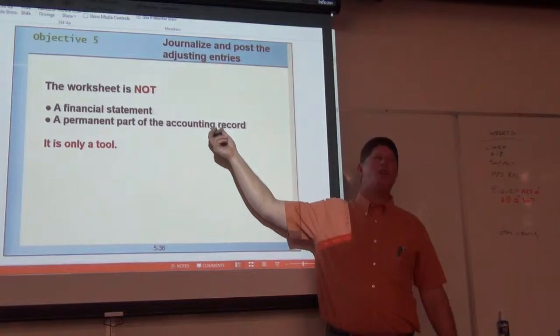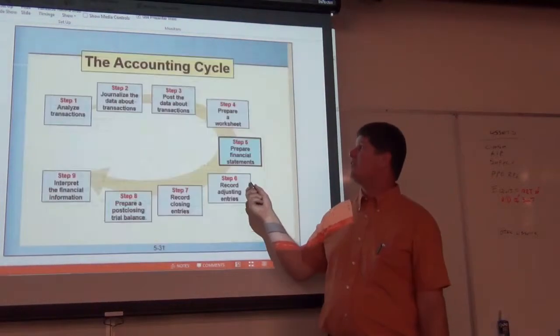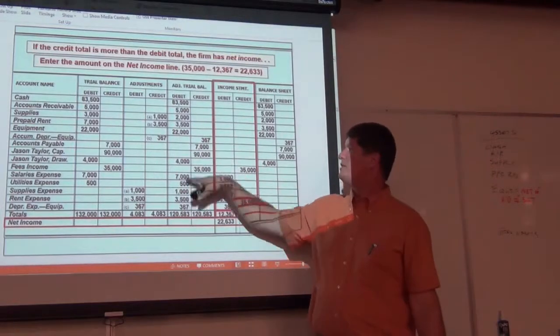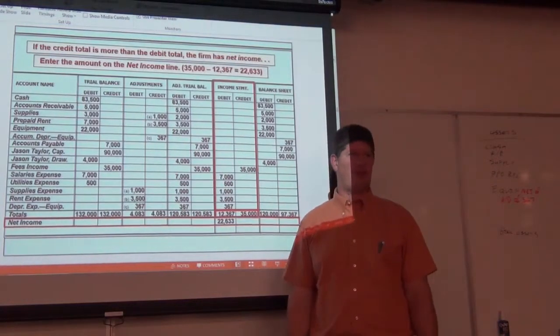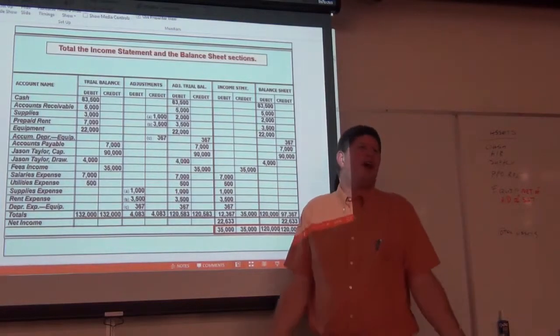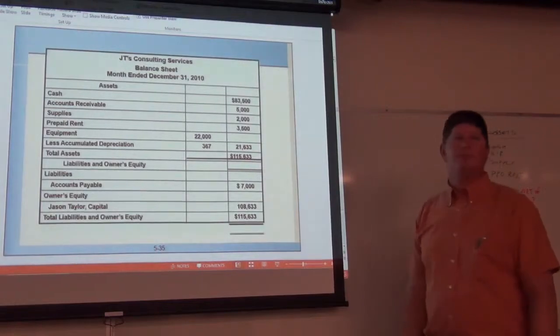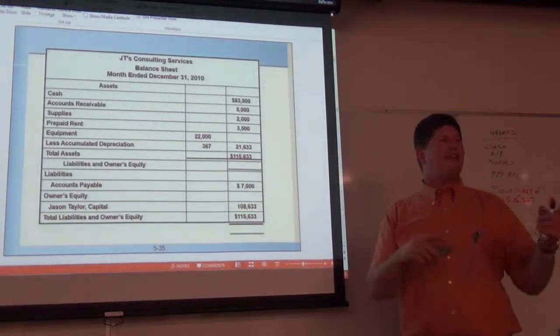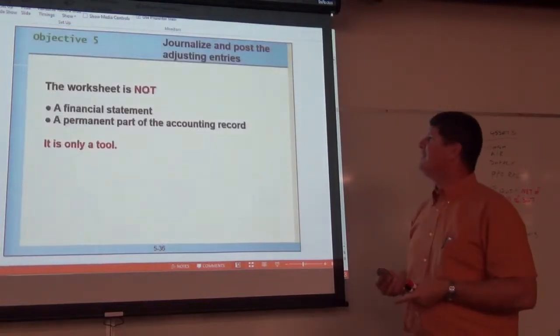There are people who say, oh, you just throw it away when you're done. Excuse me, I've got all these adjustments on it, and what if I made a mistake and I have to go back and figure it out? I get real nervous about throwing things away. As an accountant, you probably will become uptight about that too. Maybe not until after you've made a mistake or two, but it will come.